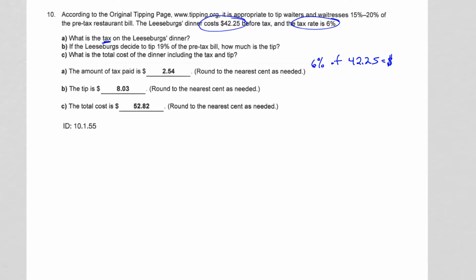Putting this in your calculator, remember 0.06, that's going to give us $2.54. There's that one. The tip, well, how much are we going to tip? Right here it says they decide, because you can decide between 15 and 20, so 19%. It's kind of a weird number, but that's what the problem says. So put this in your calculator, you're going to get $8.03.